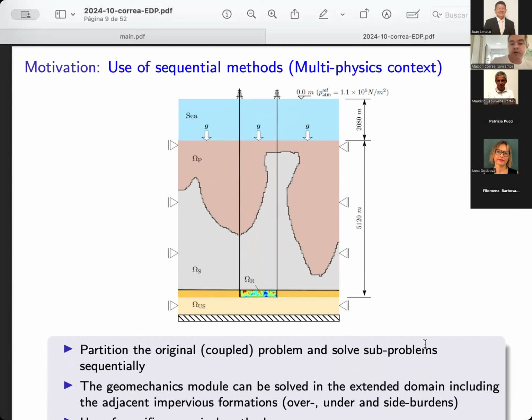For example, if I want to solve the mechanical problem, how everything is changing, the stress is distributing, I can solve the whole domain here with all the rocks, including the reservoir there. But if I'm interested in this flow, where the flow that we are extracting is just this small part, I can solve the equations for the flow only in this small part.